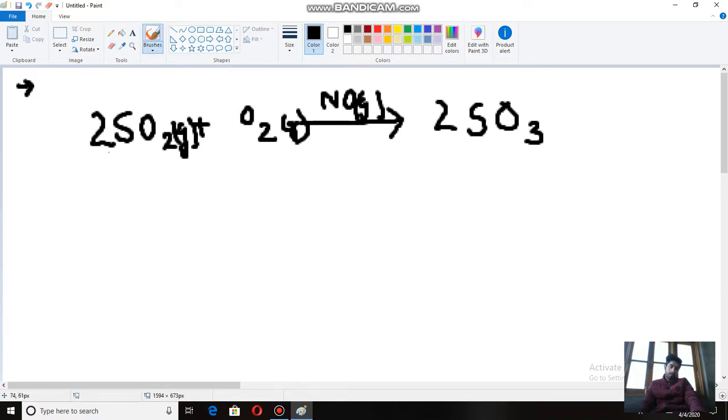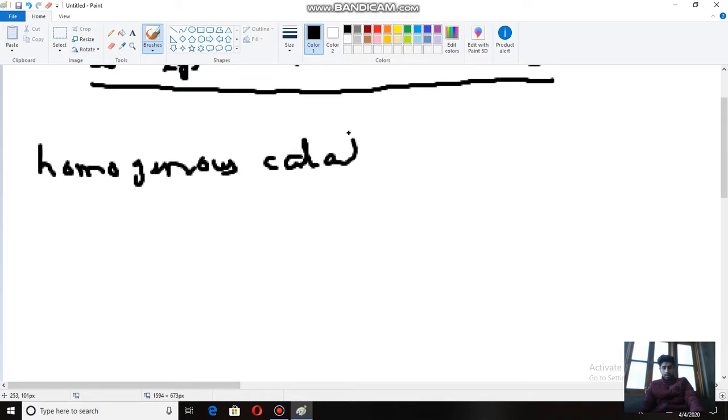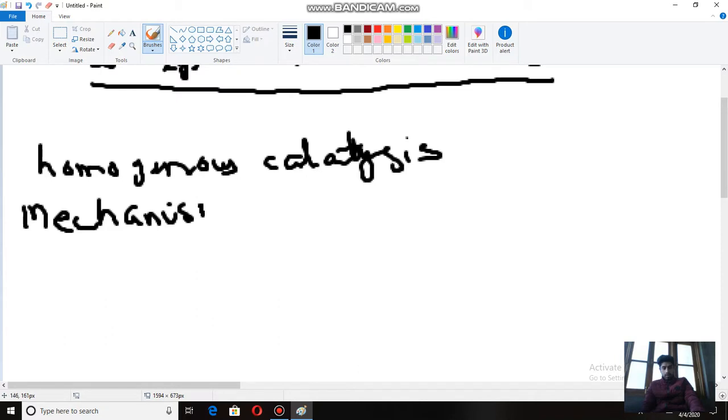Now see, basically let's try to discuss the mechanism for this homogeneous catalysis. We are discussing the mechanism for this. What happens in this?